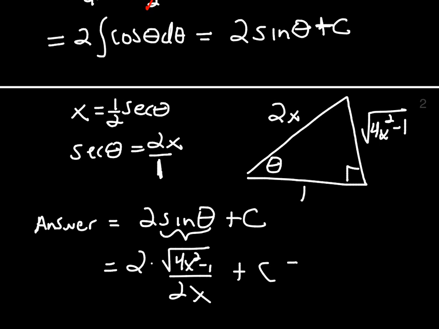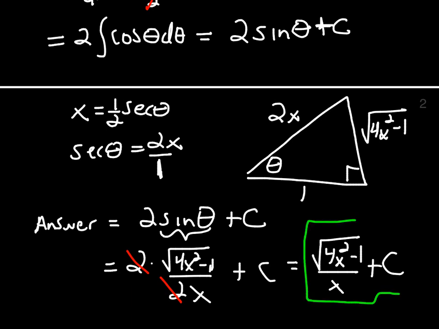Or for a final answer, we would cancel the 2's, and the antiderivative of the original function is the square root of 4x squared minus 1 all over x plus a constant.